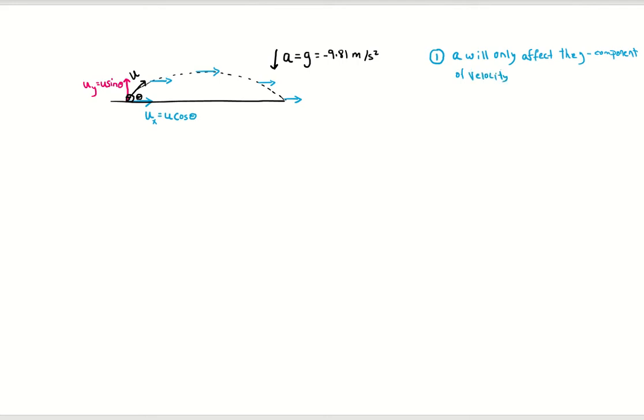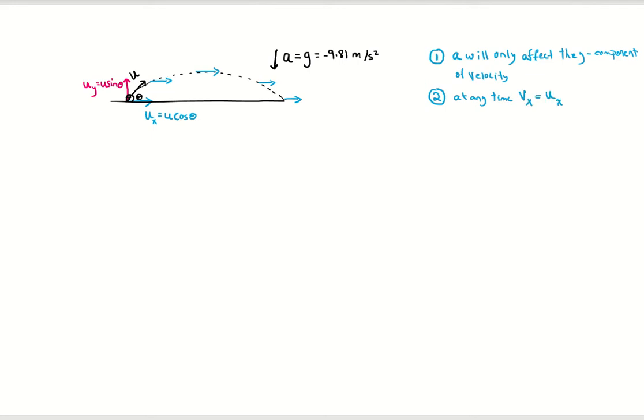Why is this? Because it's vertical, it's in the y direction, which means that it will not affect ux. So ux is going to remain constant. So at any time, the x component of the velocity is going to remain equal to ux.